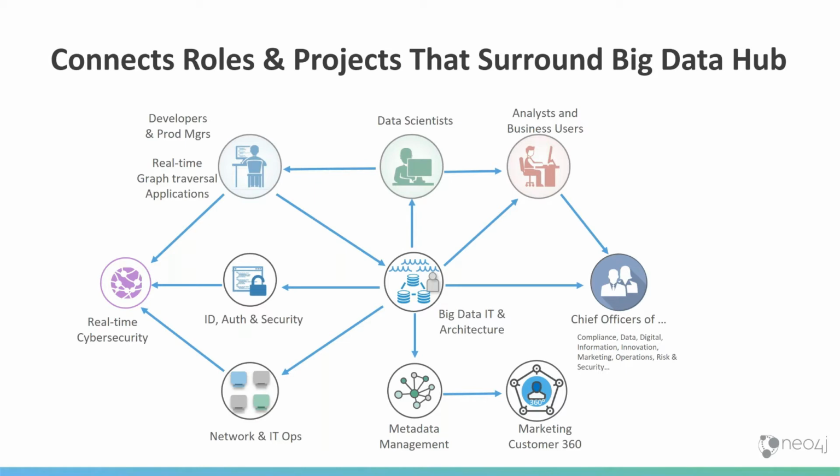Another interesting one is the relationship between the data hub, data scientists, analysts and business users, and their need for consistency, their need for almost the traditional data warehouse kind of central information.